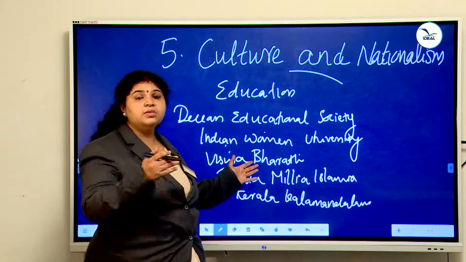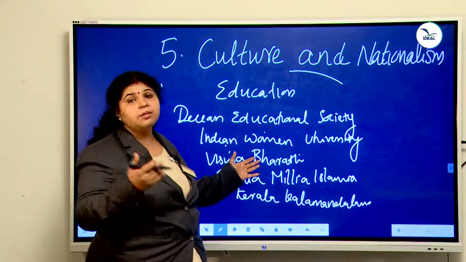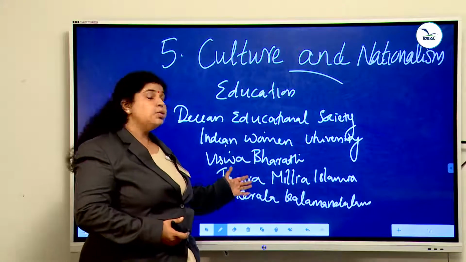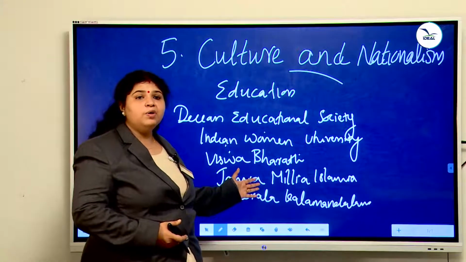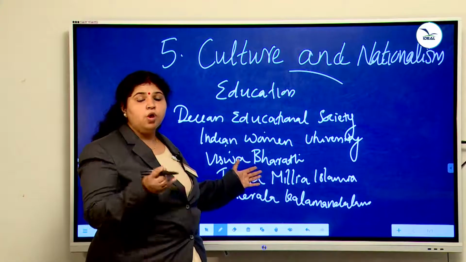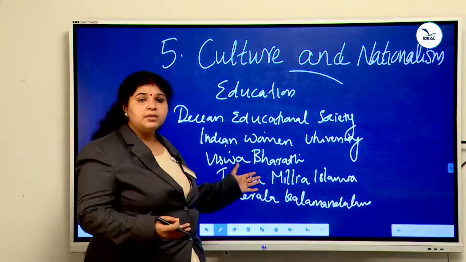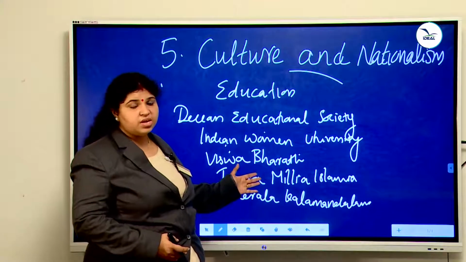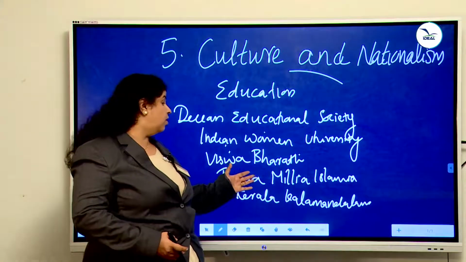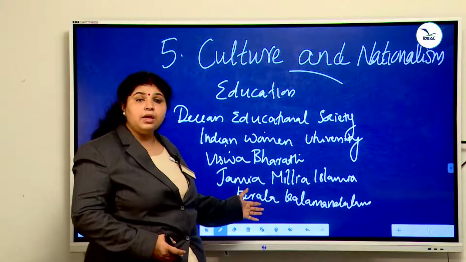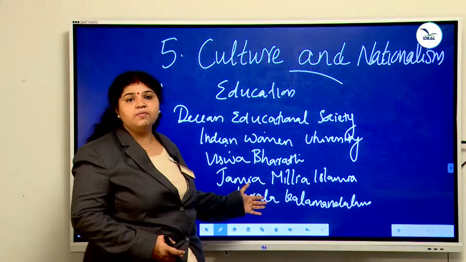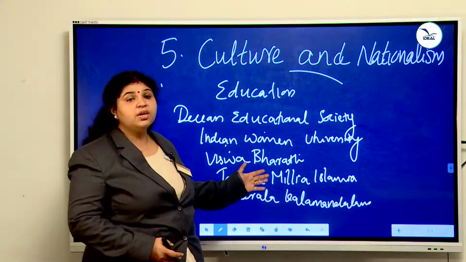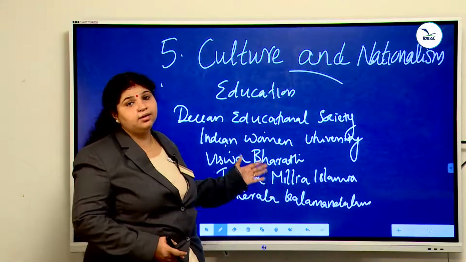Education bridging the Eastern and Western cultures and universal brotherhood was its aim. Jamia Millia Islamia, founded by Gandhiji along with Muhammad Ali, Shaukat Ali, M.A. Ansari and Zakir Hussain. Its aim is to provide secular education, that means education beyond religion. Next is Kerala Kalamandalam, founded by Mahakavi Vallathol Narayana Menon for the revival of traditional art and literature.